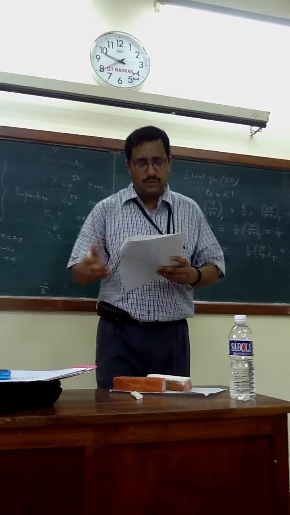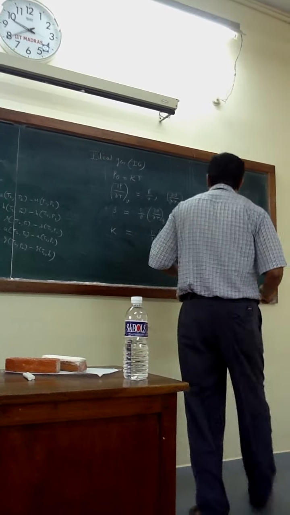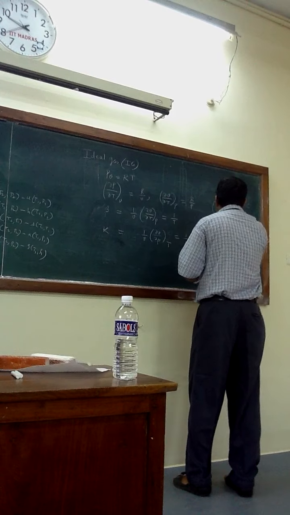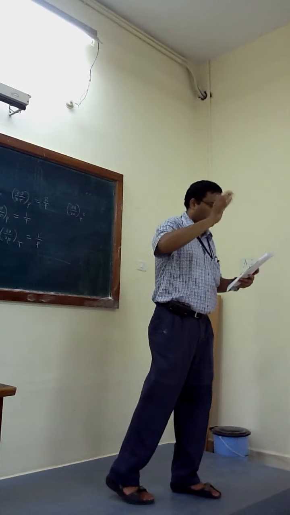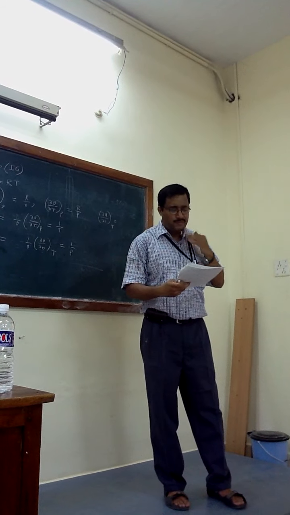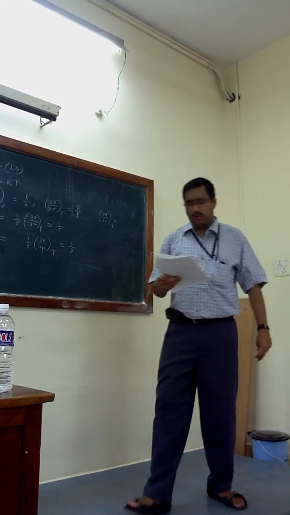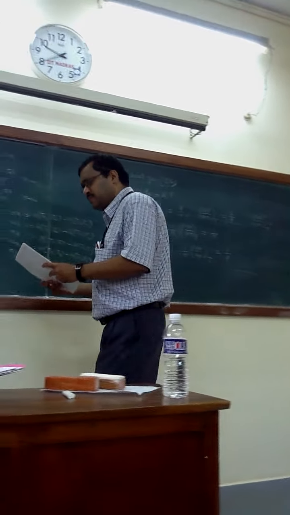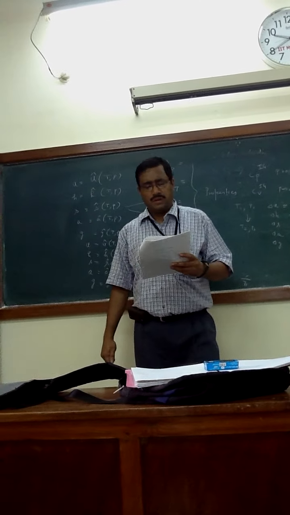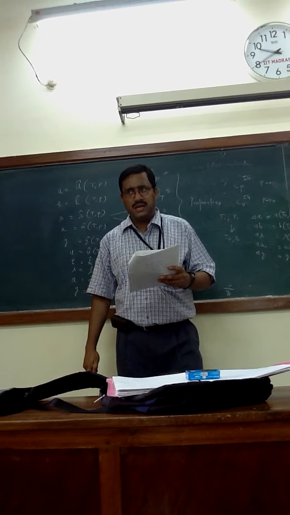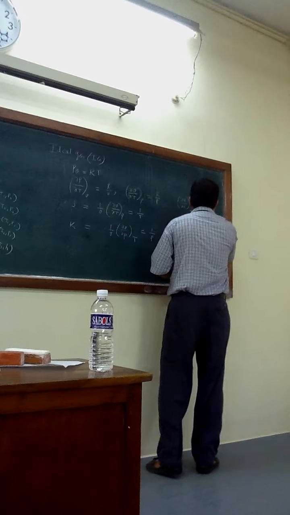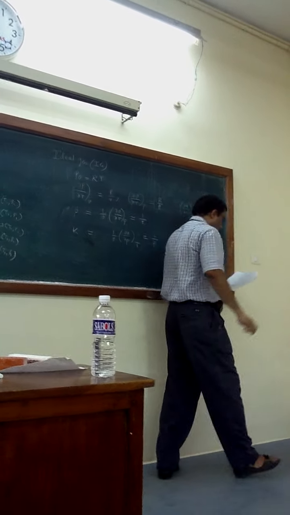Now we'll be talking about dou U by dou V at fixed T. Please turn your notes, previous classes, see how much you got for this expression, dou U by dou V at fixed T. It is T beta by kappa minus P. How much for the ideal gas?